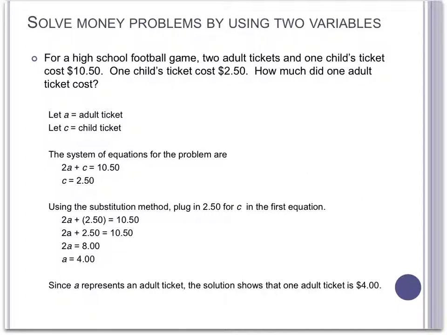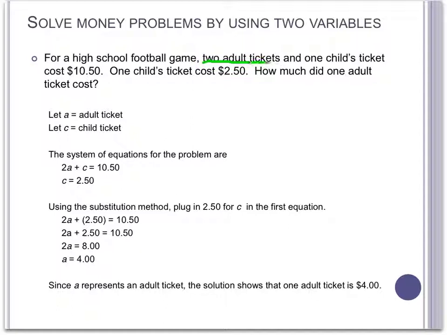The next example is a money problem using two variables. It states, for a high school football game, 2 adult tickets and 1 child's ticket cost $10.50. One child's ticket cost $2.50. How much did one adult ticket cost? Well, to begin, what's helpful when reading these problems is to underline anything you think might be relevant.